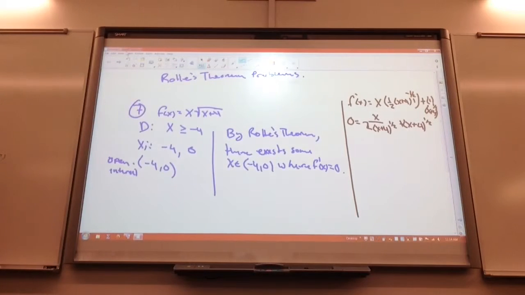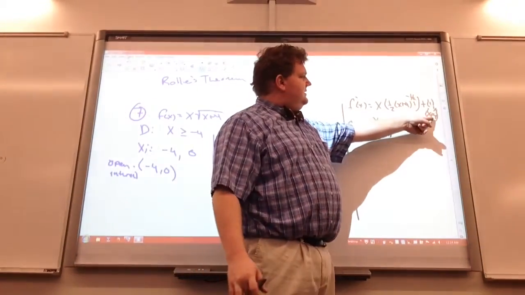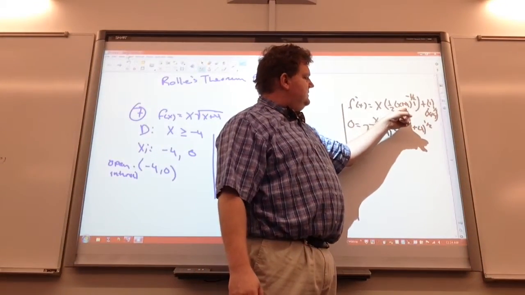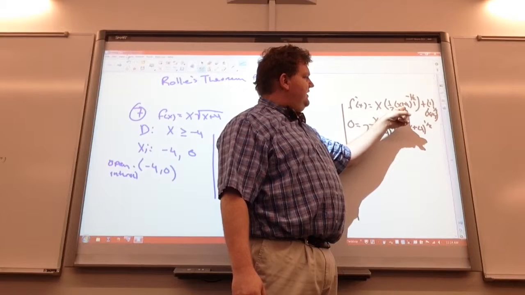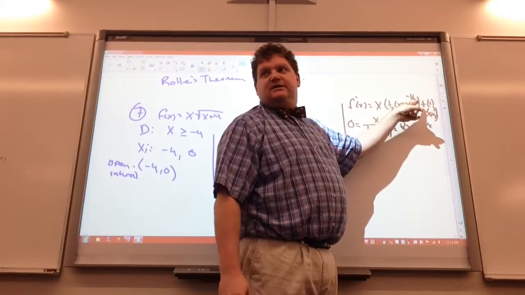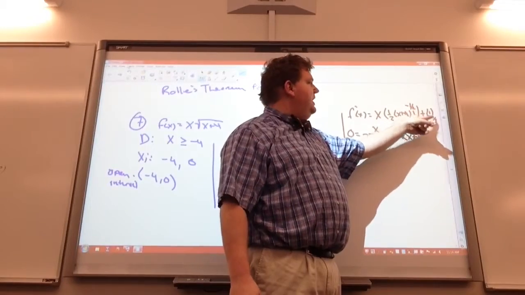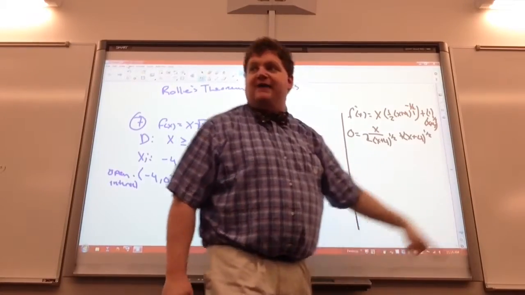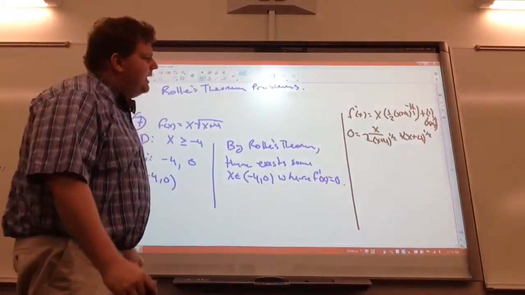What is after x plus 4? It's just the negative 1/2, on the first x plus 4. x plus 4 to the negative 1/2 times 1, plus 1 times x plus 4 to the 1/2.